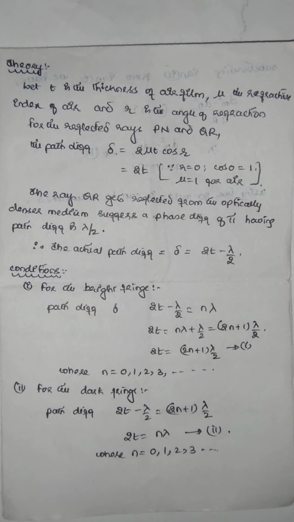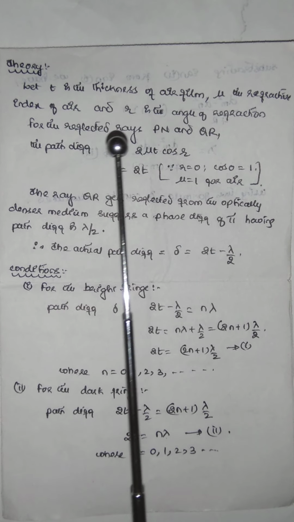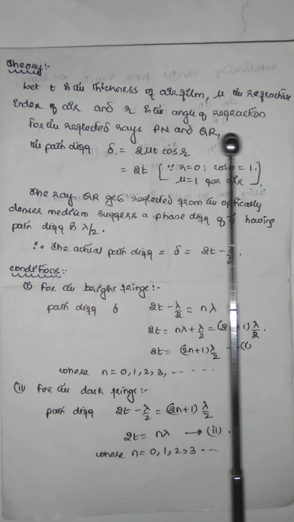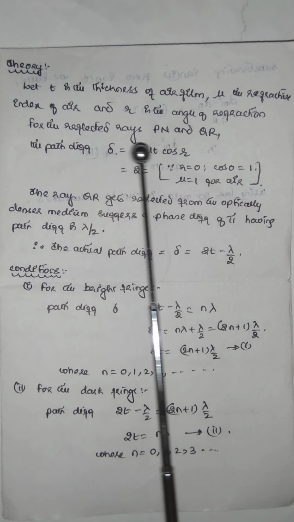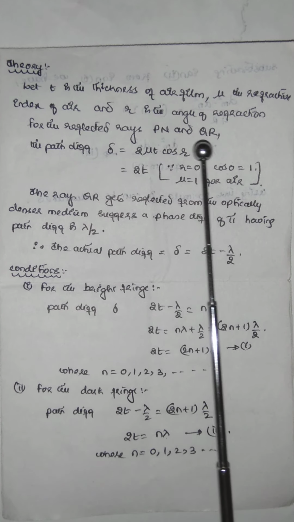If t is the thickness of the air film, mu is the refractive index of air and r is the angle of refraction, then what is the path difference of the reflected rays? The reflected rays are Pn and Qr.